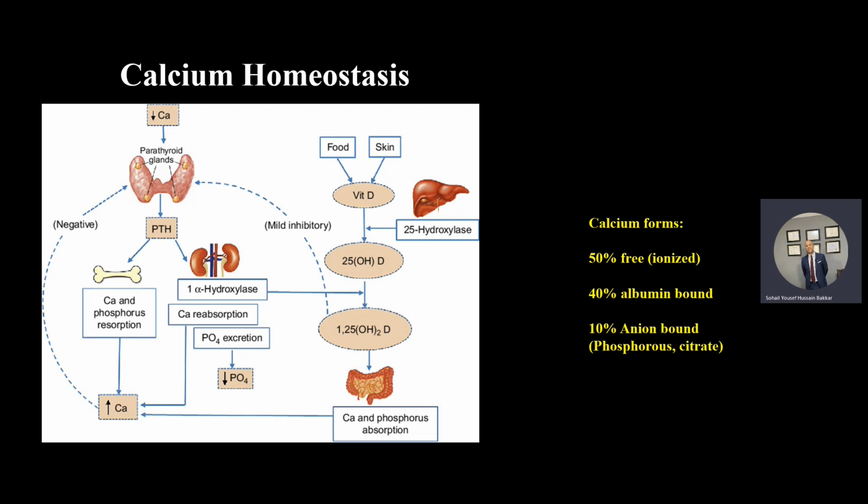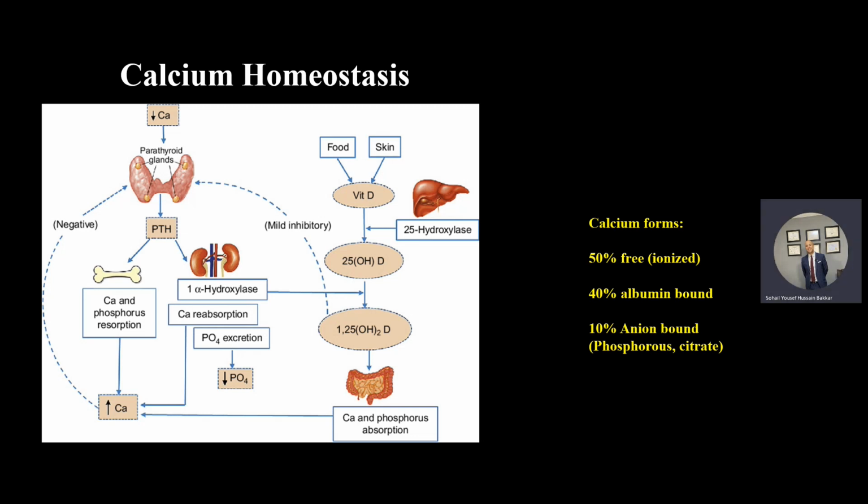Autonomous secretion means secreting independently, out of control. Okay, this is the first type of hyperparathyroidism, primary hyperparathyroidism.